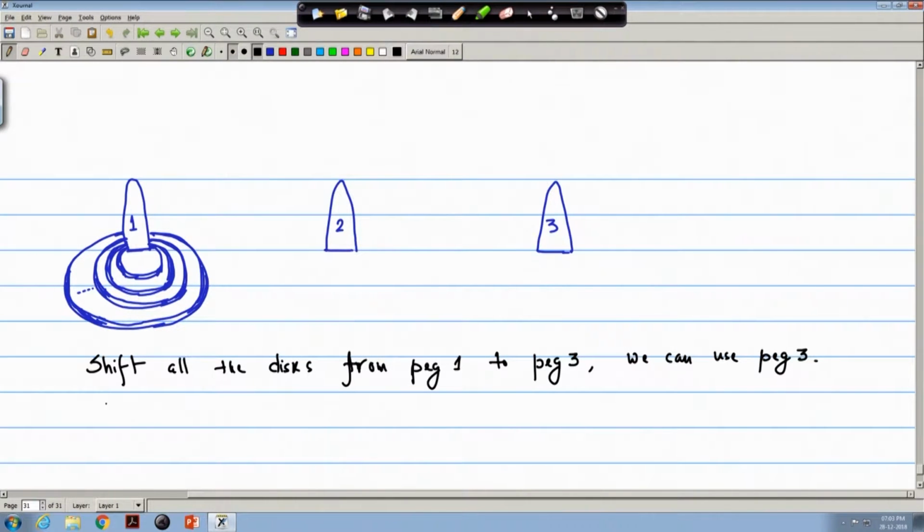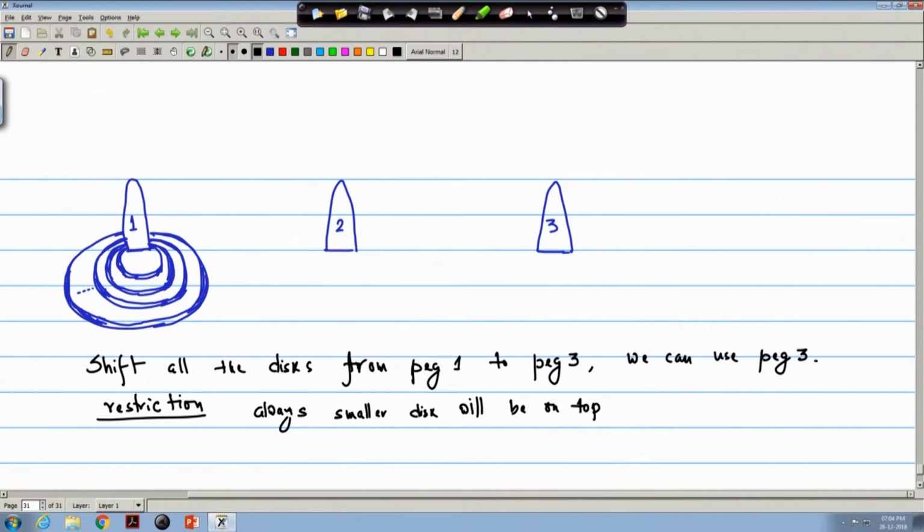The restriction, I should tell, is that always smaller discs, with smaller diameter, will be on top.